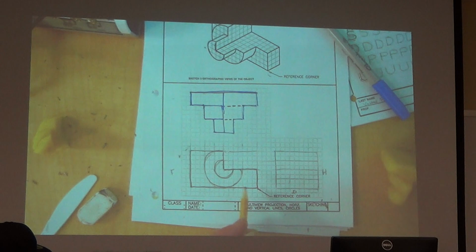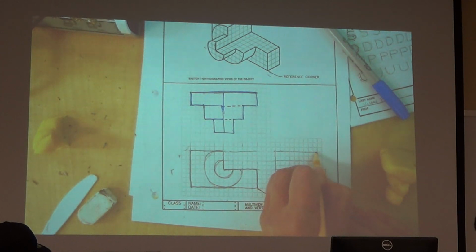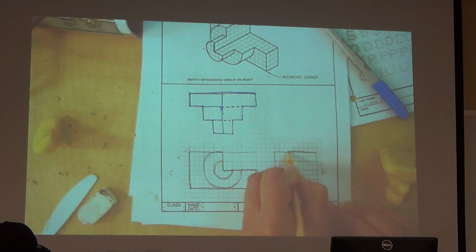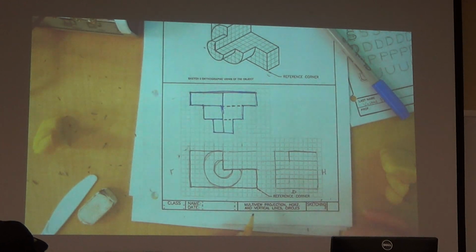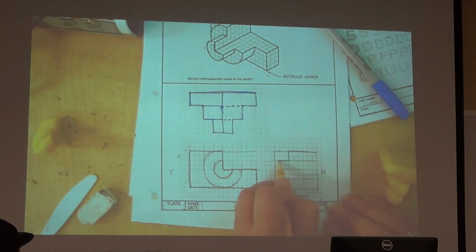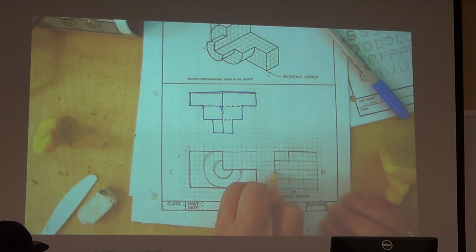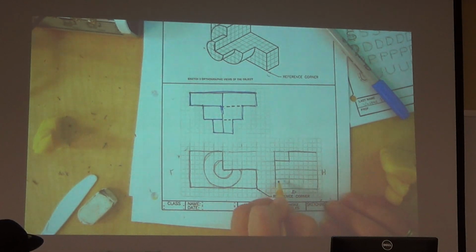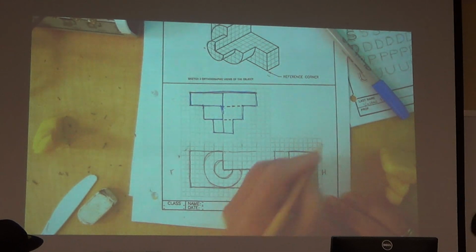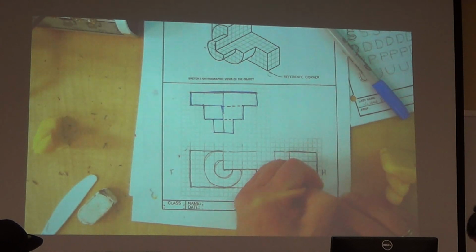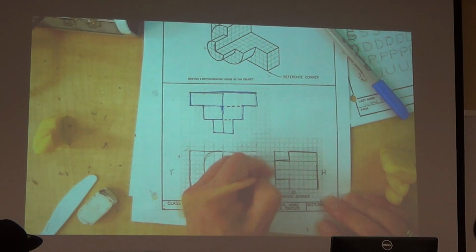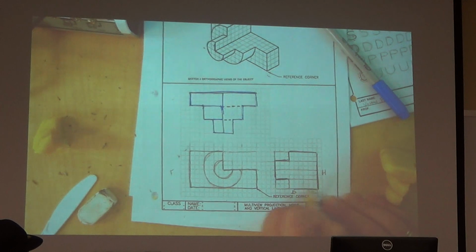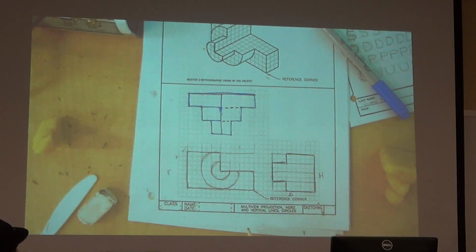Okay, so now what are we doing? We have this coming over 6. It's going down. It's coming over. It's going down. Okay, now what do I need?